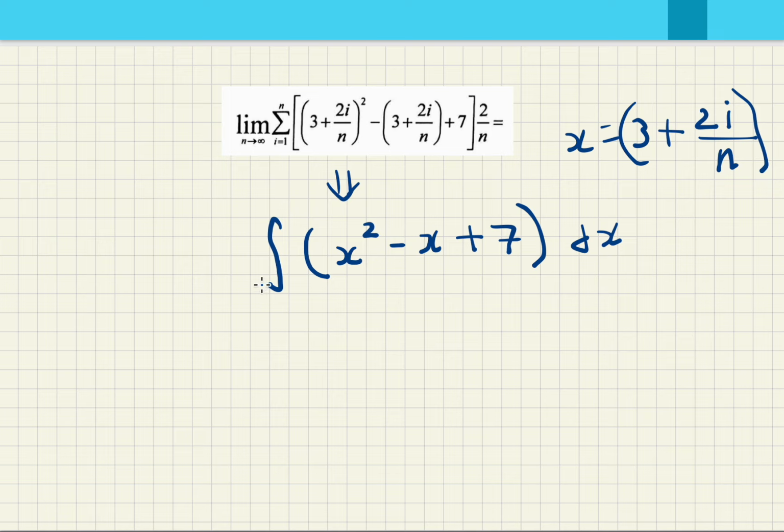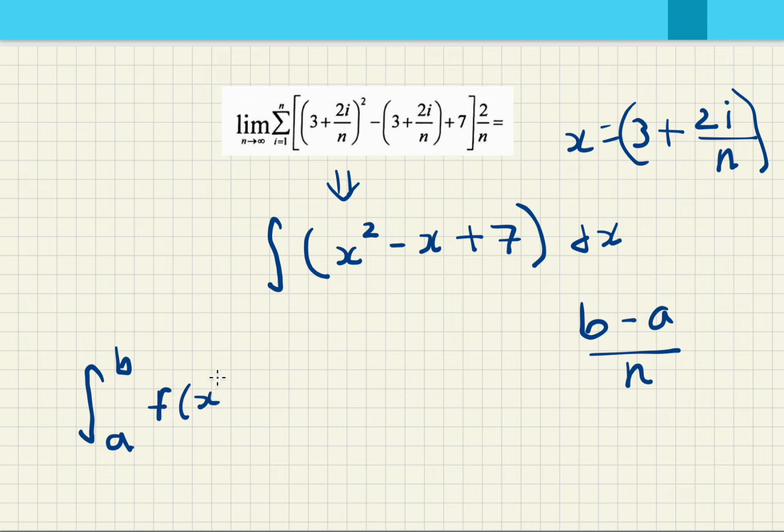Now, to find the bounds, we need to adhere to this formula, b minus a over n, right? You should probably know the formula for a definite integral is just something like this, where a is the bottom bound and b is the upper bound.